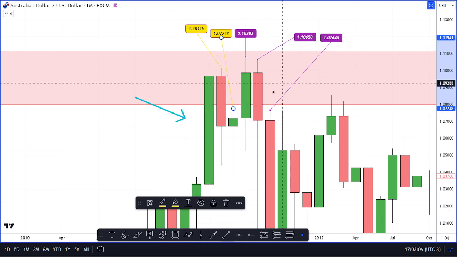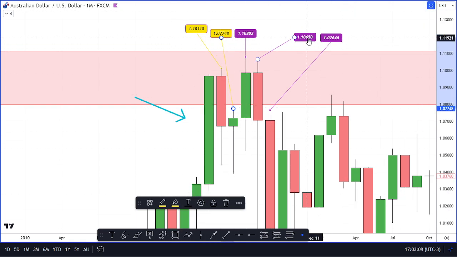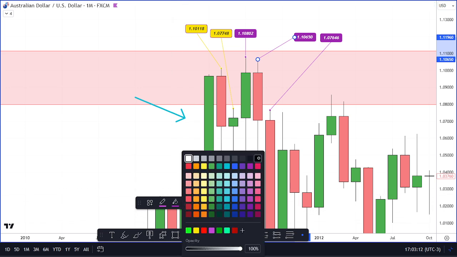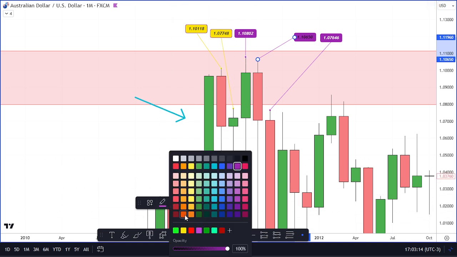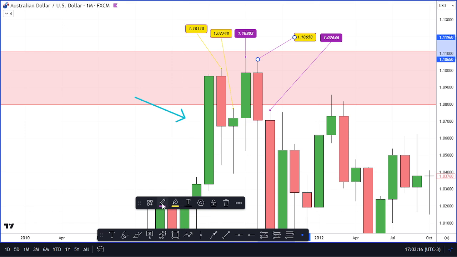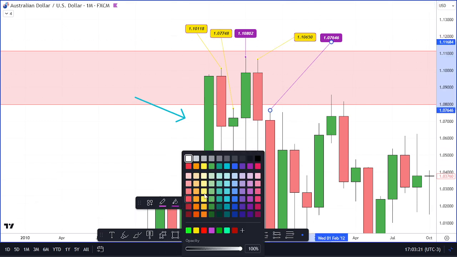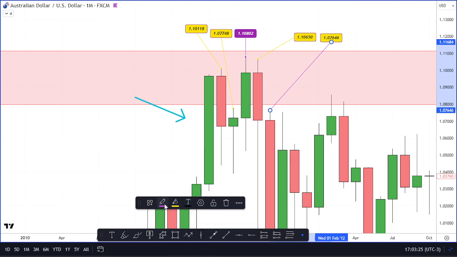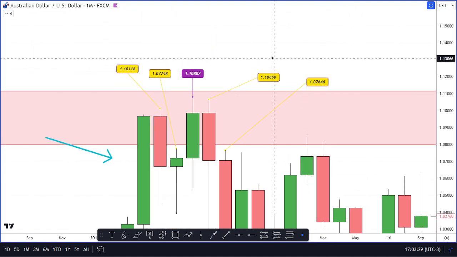Then I'm going to change this one too, I think it's going to be black, and let's just go the same way, not to waste much time. Okay, here we go, black and yellow. Alright, so that's it. So right here we can see the numbers.